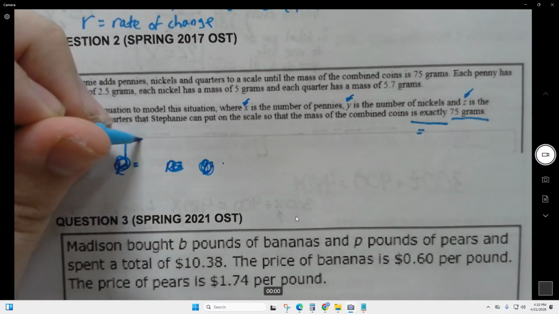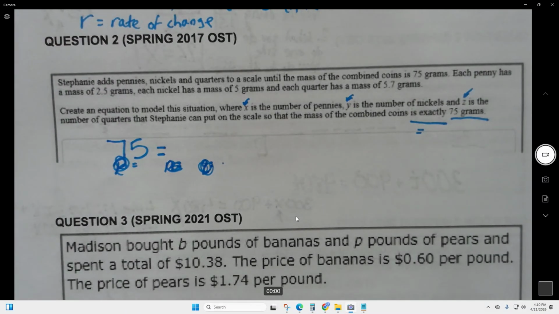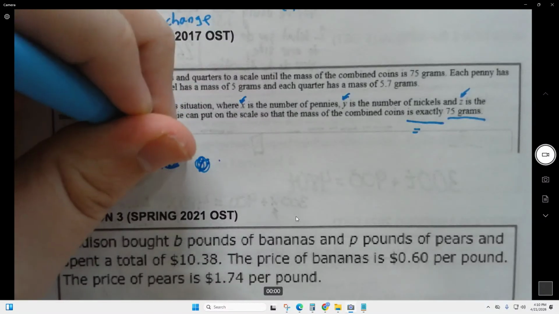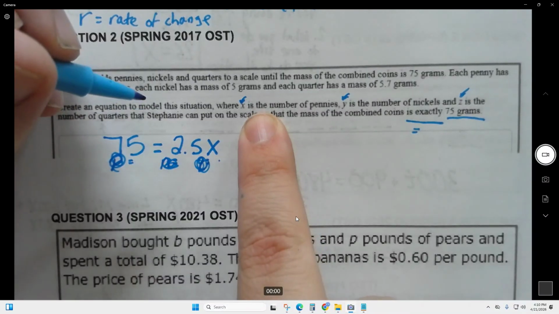So, our equation is going to look like this. 75, that's our total, equals the total mass of the pennies plus the total mass of the nickels plus the total mass of the quarters. Each penny is 2.5 grams. So 2.5x, where x is the number of pennies.